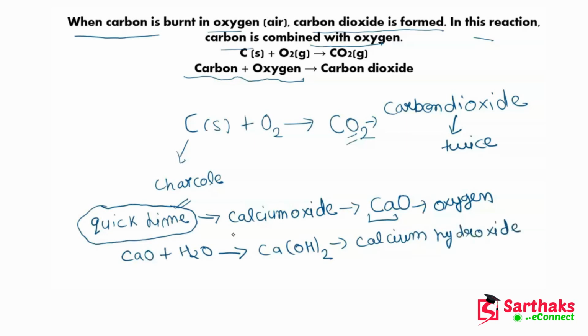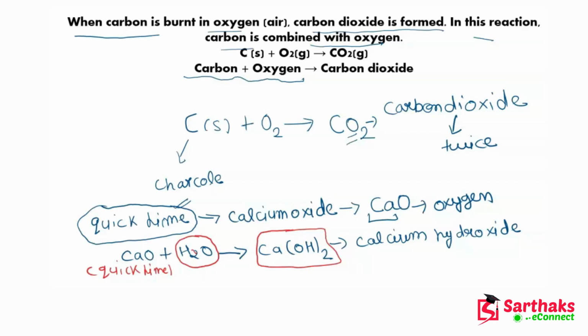So basically you can see that this CaO is quicklime, and it reacts with H2O, water, the chemical formula of water, where two atoms of hydrogen and one atom of oxygen are present. When these two reactants combine with each other, they give us a single product, Ca(OH)2, which we call calcium hydroxide.